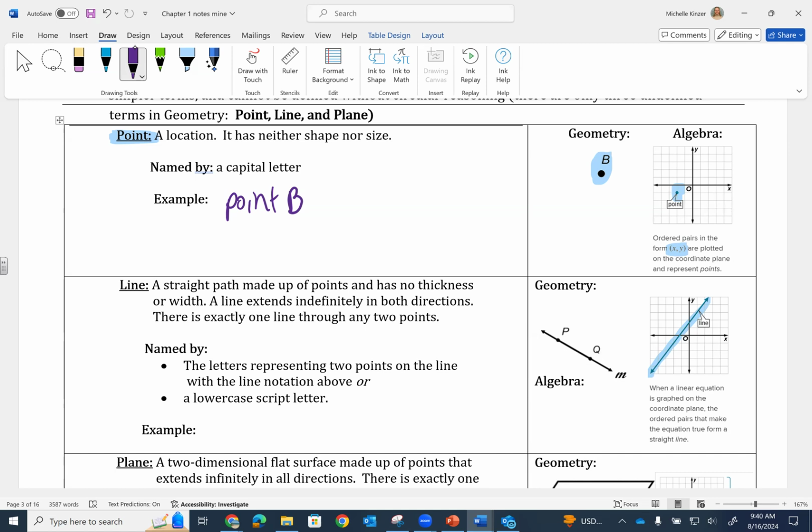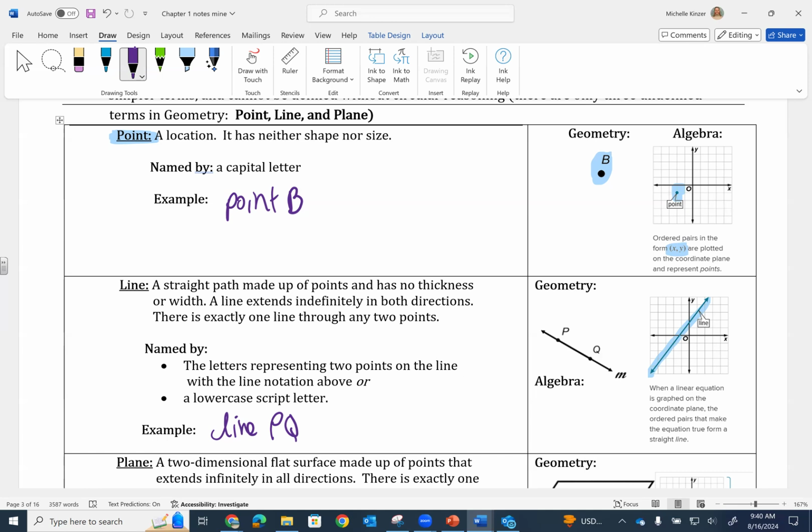Okay, and so you would say, and again, a line is a shape, and so you would say line PQ. That's one way to do it. Now, I am a math teacher and I don't always love words. And so we do have a symbol that talks about a line.